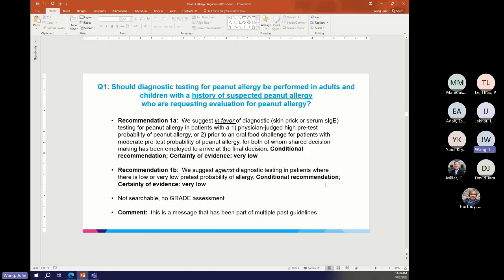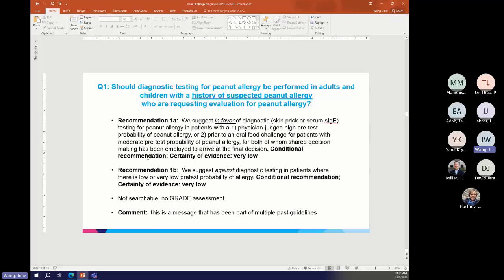So looking at question number 1, whether diagnostic testing should be performed in people with a history of suspected peanut allergy who are asking for evaluation, the evidence supports this recommendation, as we suggest in favor of diagnostic testing, either skin test or blood test, for peanut allergy in those where there's a high pretest probability of peanut allergy, or prior to a food challenge for patients with moderate pretest probability of peanut allergy.